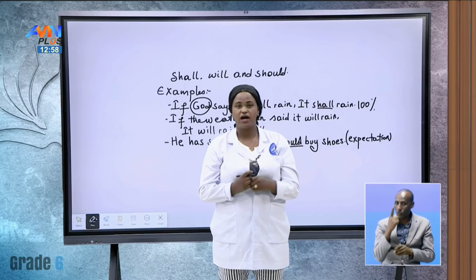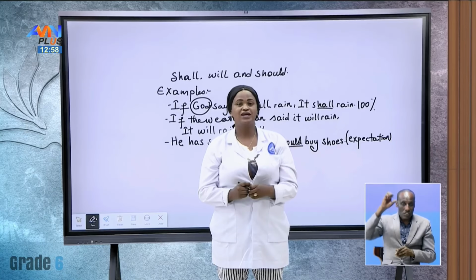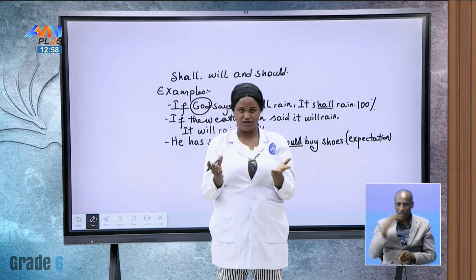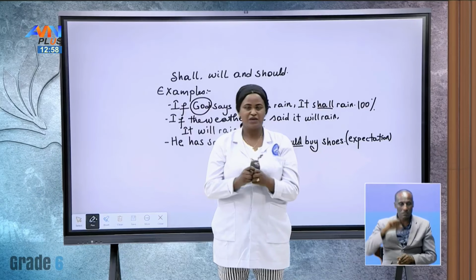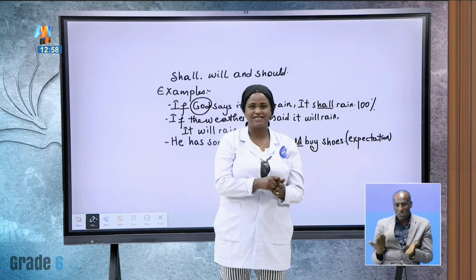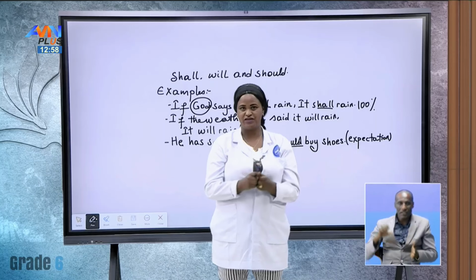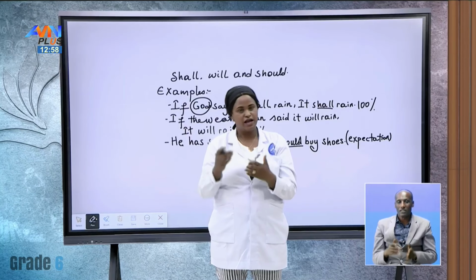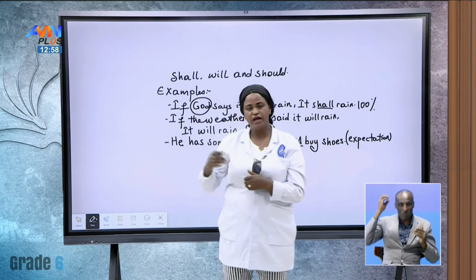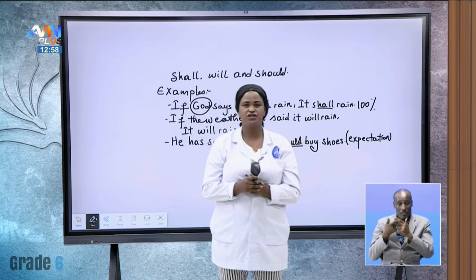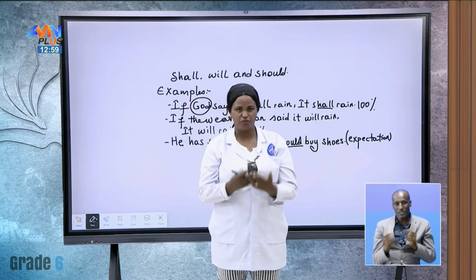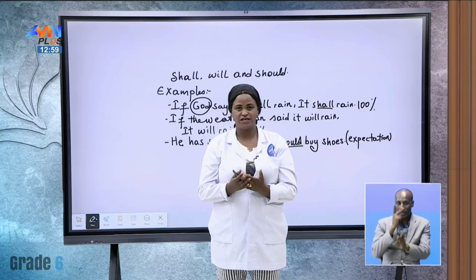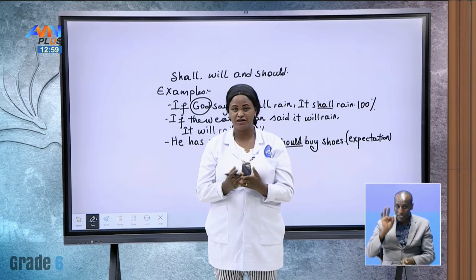Shall is for 100% certain, or the greatest possibility rate. And will is a little less than shall, but its possibility rate is 90%. And should is for a future possibility that we expect. Did you get my explanation?